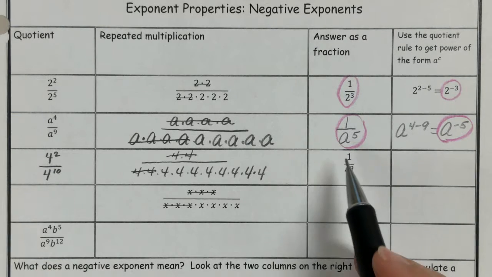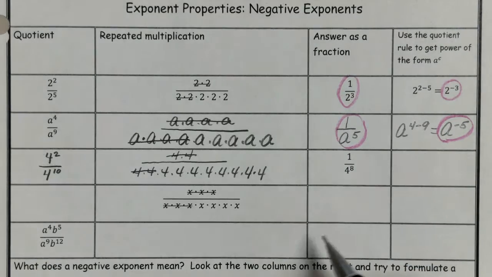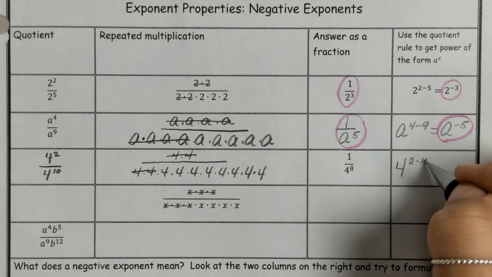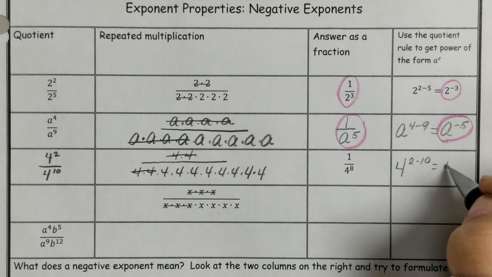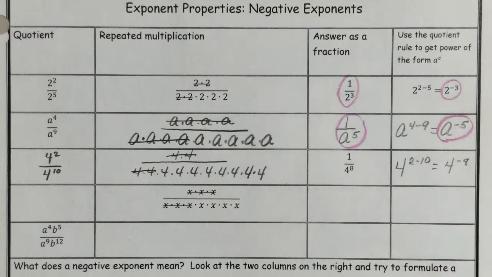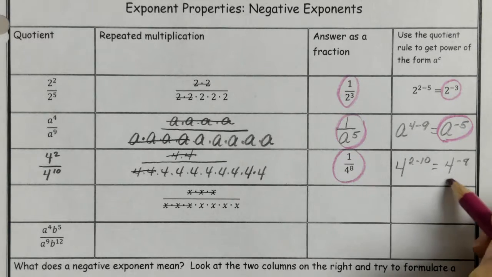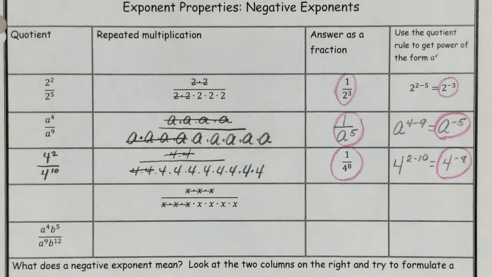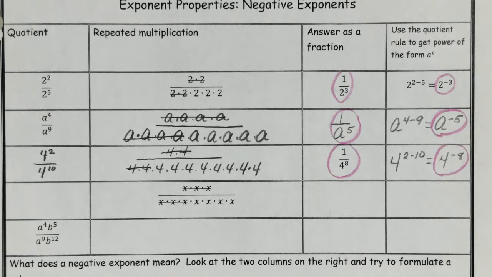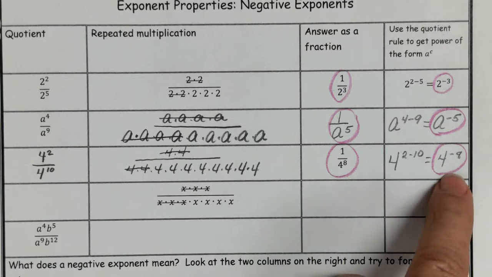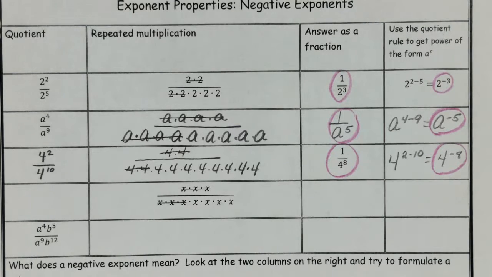That would be written as 1 over 4 to the 8th power. If I use my quotient rule, it's 4 to the 2 minus 10, or 4 to the negative 8 power. And once again, you'll notice this is the same as this. It's just written in a different form. Positive 8 exponent in the denominator, negative 8 exponent if I move it up into the numerator.